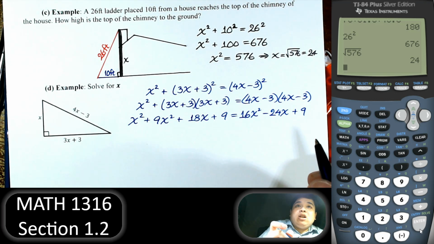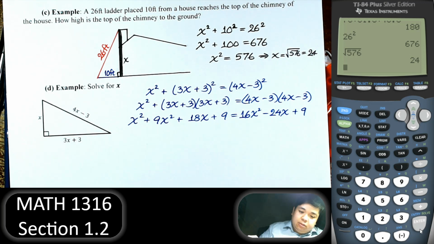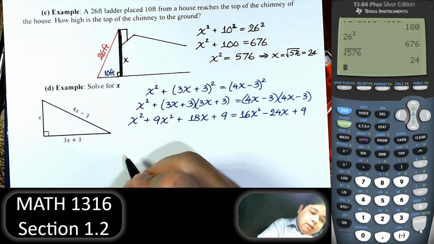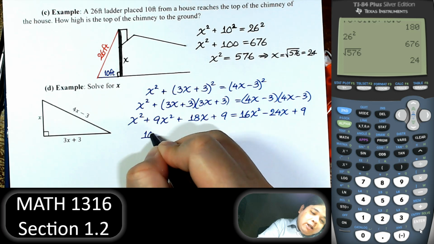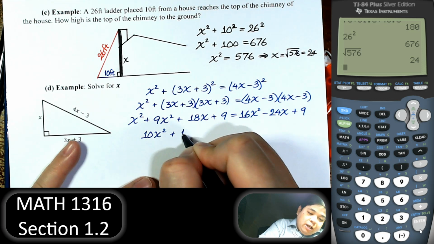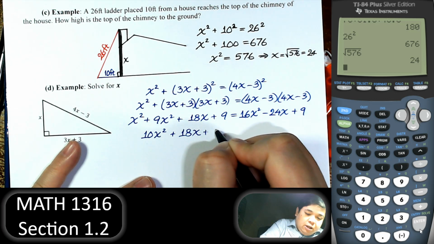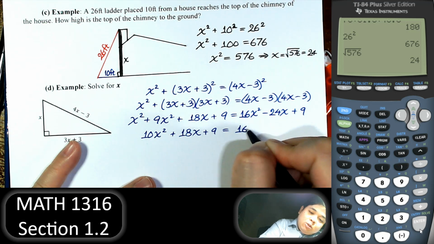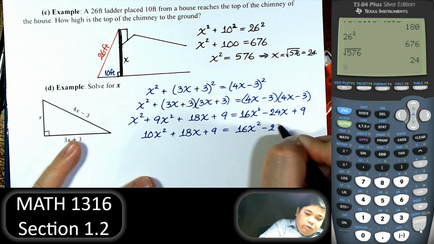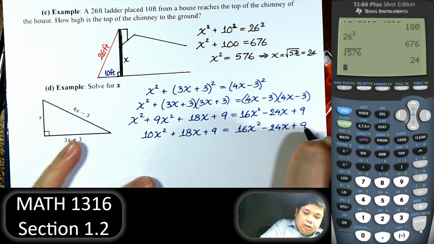Right, move everything on one side and solve for x. So this is 10x squared plus 18x plus 9. 16x squared minus 24x plus 9.